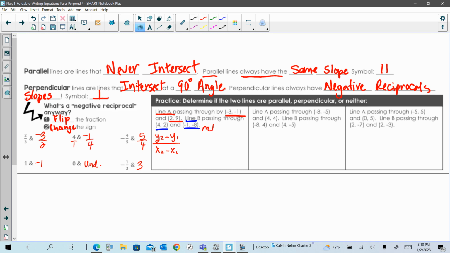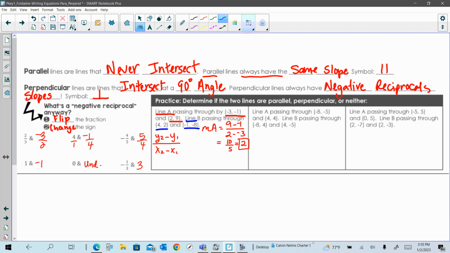I'm going to do the slope of line A, showing the difference of my y's first, so 9 minus the -1 on the top, and the difference of our x's, 2 minus the -3. When I simplify this, I get positive 10 over 5, which reduces to just 2. So the slope of line A is 2.